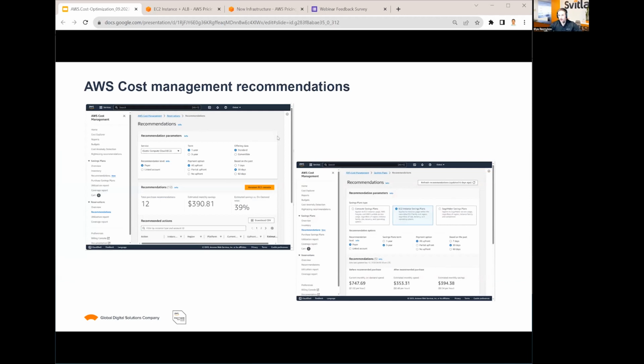Also, if we once more time refer to AWS cost management tools, previously I spoke that they contain saving plan features and reservation features.